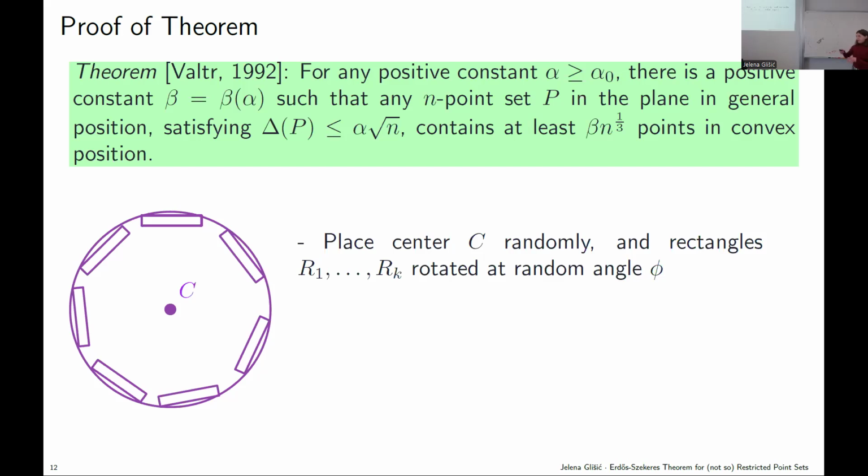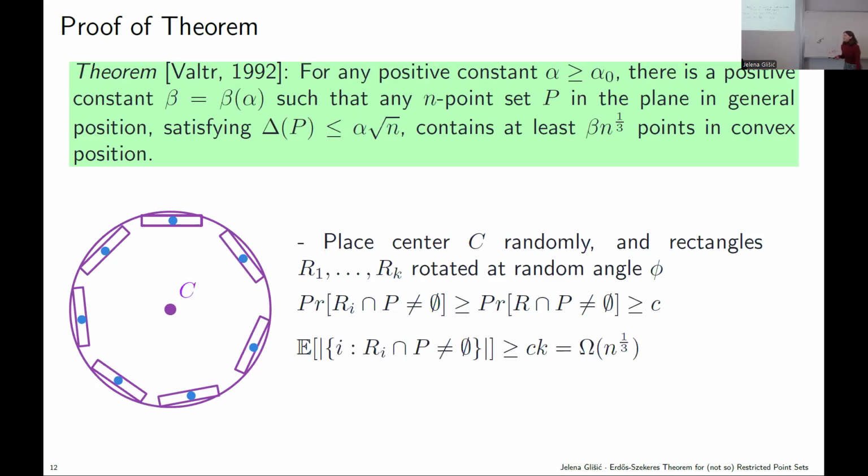Just rotate them at some random angle, and the probability that I have some point in one of these rectangles is definitely at least as much as the probability that I have 1 point in some random rectangle, which is some constant C by the lemma, meaning that the expected number of rectangles which will be non-empty will be at least some n over at least this number, right?